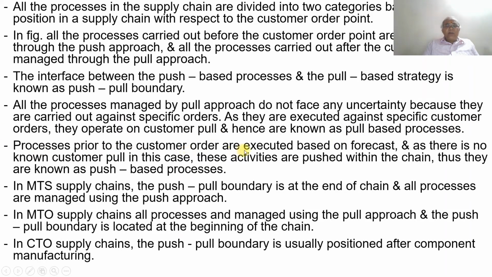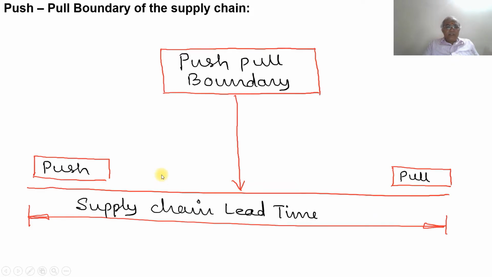Processes prior to the customer order are executed based on the forecast. As there is no known customer pull in this case, these activities are pushed within the chain, thus they are known as push-based processes. So the customer order point is here. Prior to that, whatever activity is carried out is based on their forecast.